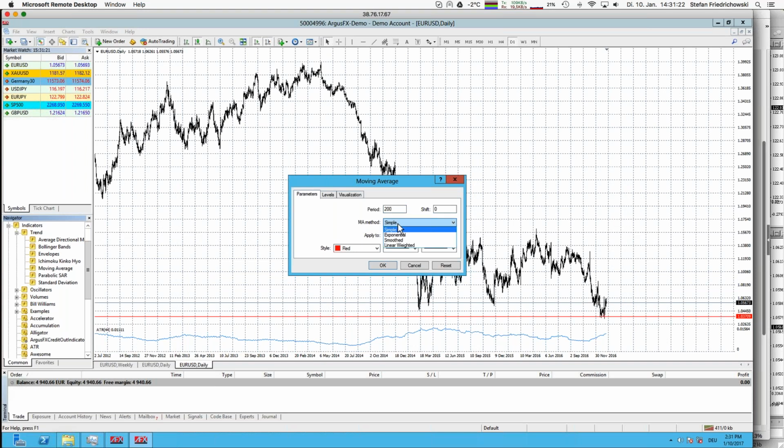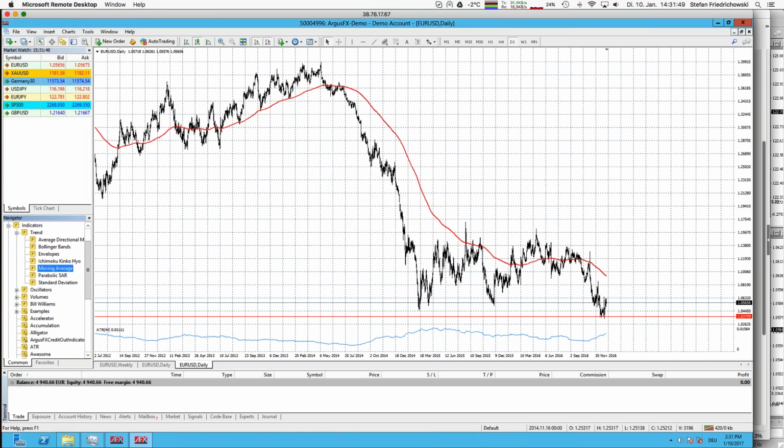Simple means SMA, and you see there are lots of other variants, and I will use the exponential one. This should be applied to the close values of our candles. In principle, you see there are a lot of other values you can use for that kind of calculation. I want to have that indicator a little bit thicker, so I change this, and now I can press OK.